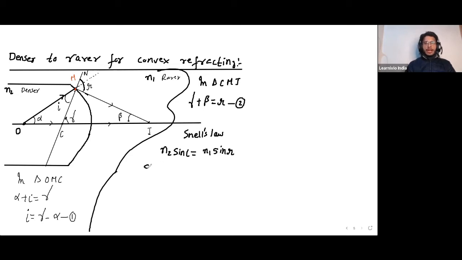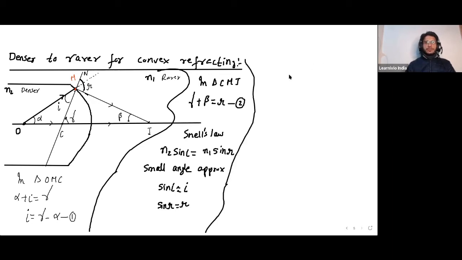If I apply small angle approximation, then sin i is almost equal to i and sin r is approximately equal to r. So instead of sin i, I can write i, and instead of sin r, I can write r. So it's n2 i equal to n1 r. That is my third equation.